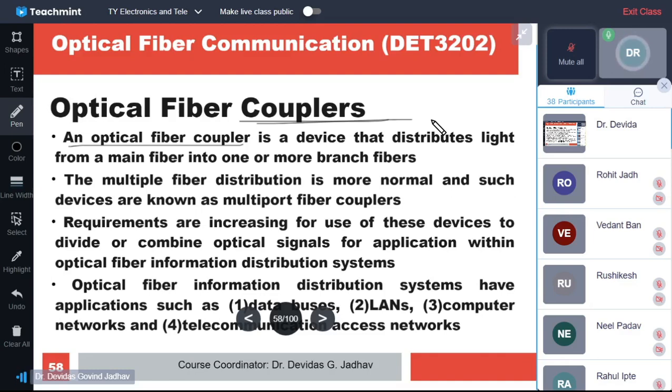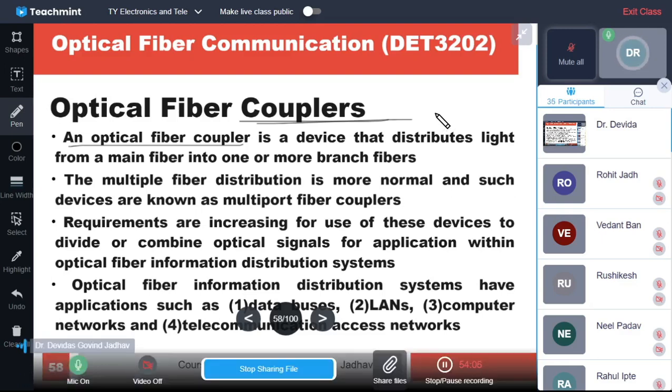This connection sharing is done with the couplers. So these are called couplers.